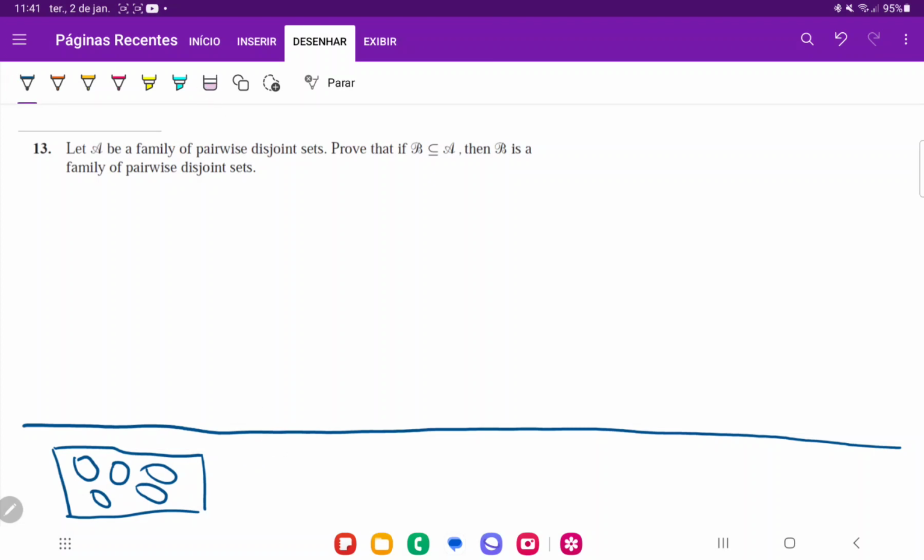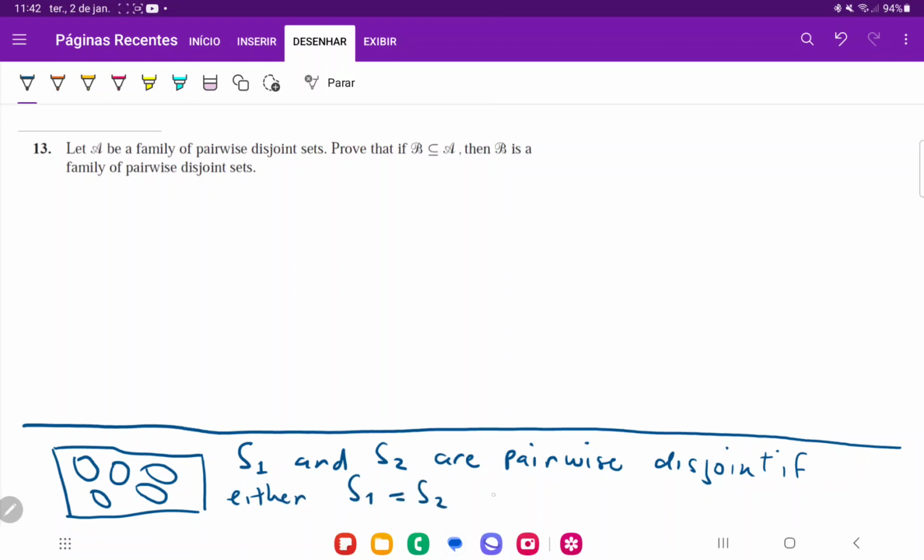Maybe I can say that set 1 and set 2 are pairwise disjoint if either S1 is equal to S2 or S1 intersection with S2 is empty. So we're saying the only condition where the intersection of two sets is not empty is if the two sets are equal, right? So this is the definition of pairwise disjoint.